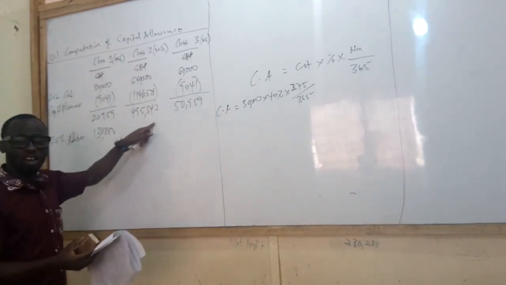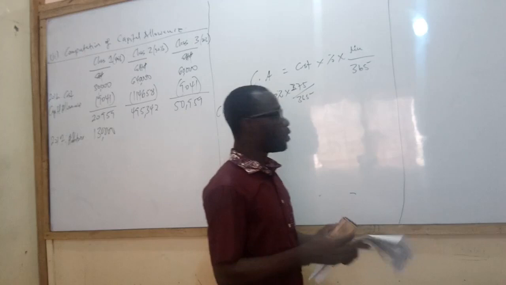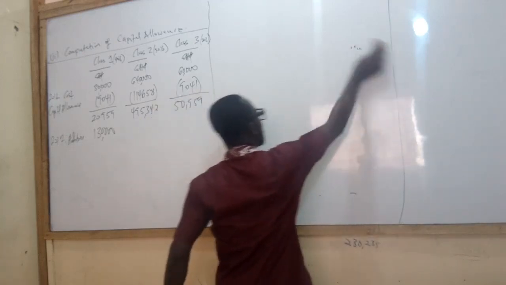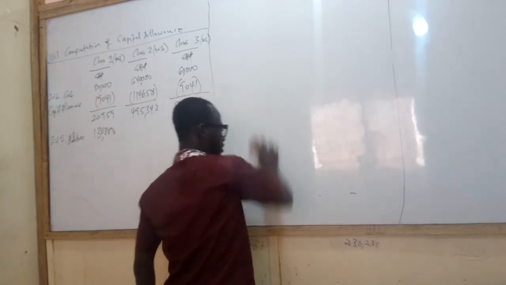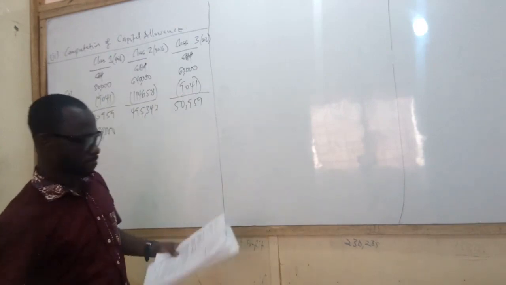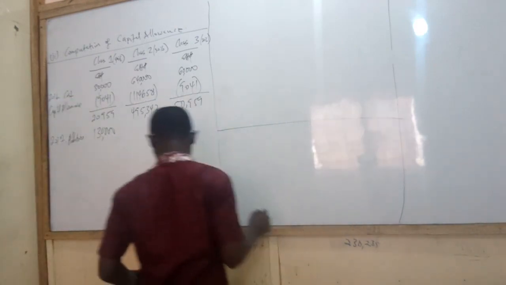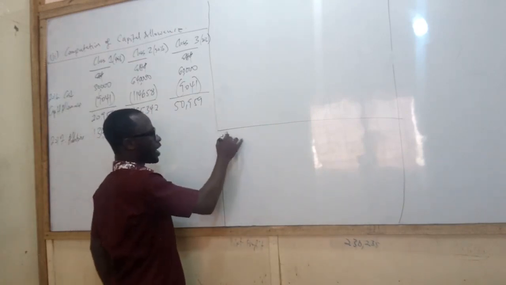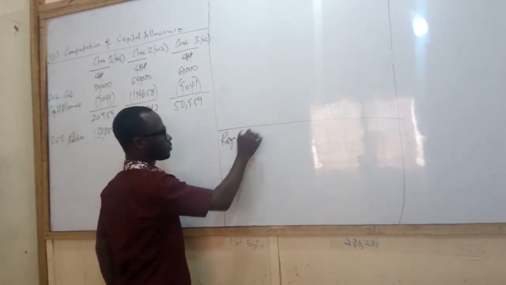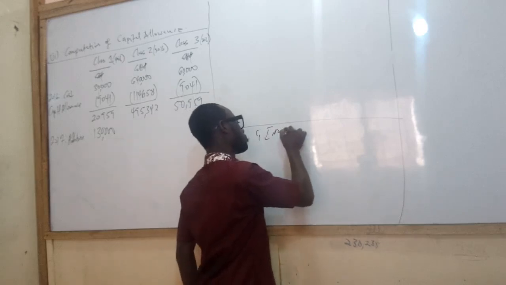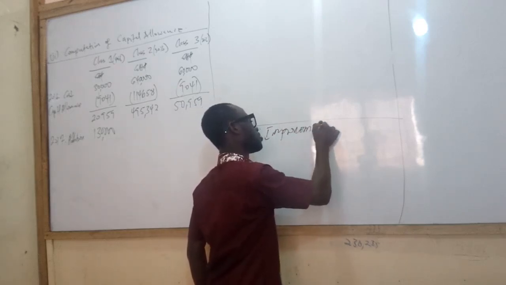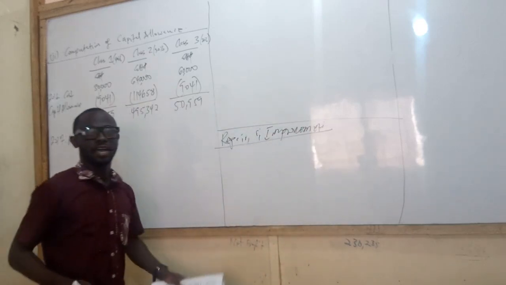So to calculate the kind of addition we're going to be bringing there, we would have to do that exceptional workings, right? So let me put that below here, downstairs. So repair and improvement. Repair and improvement.